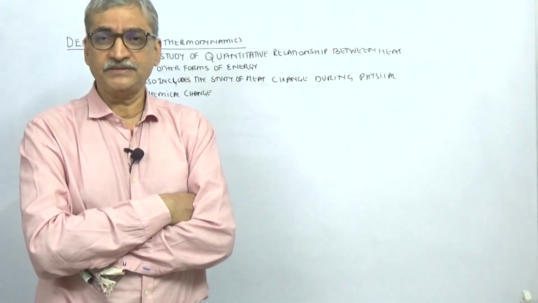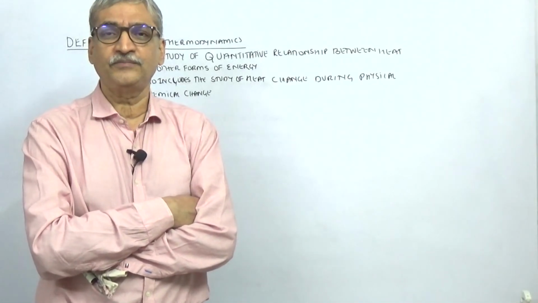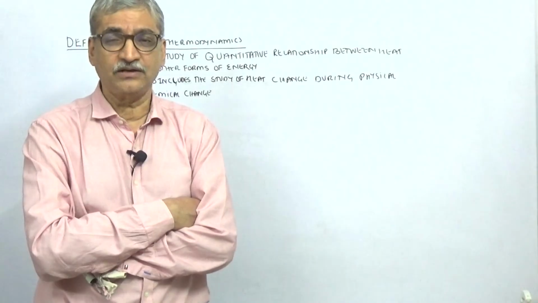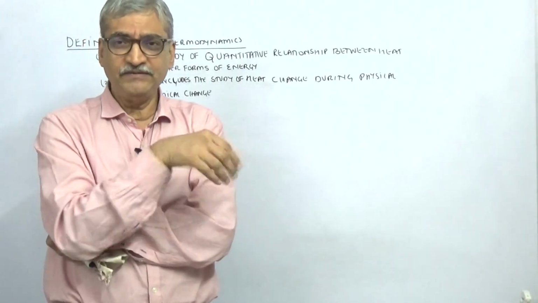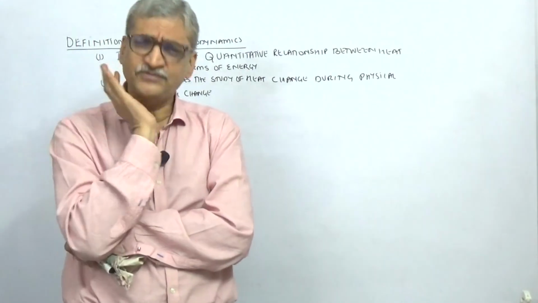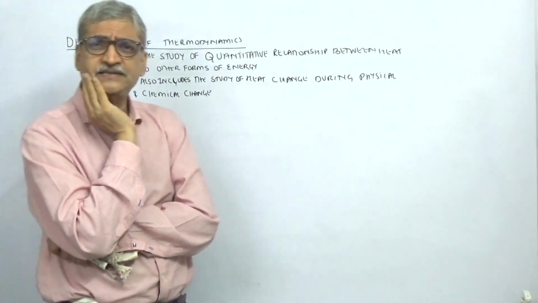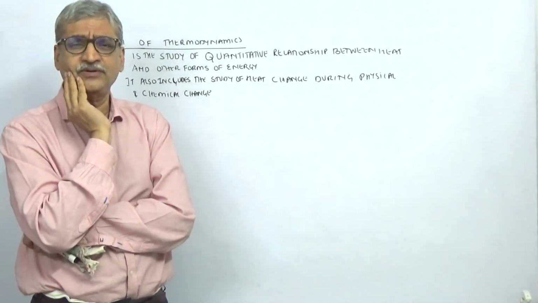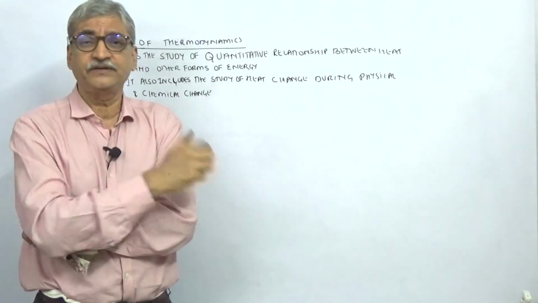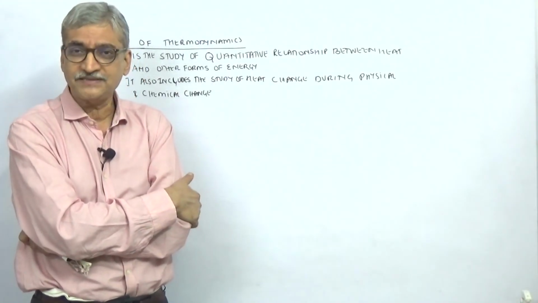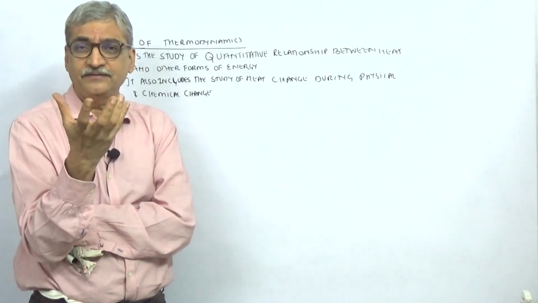And then because energy can be converted from one form to another. That's a statement we have always said, law of conservation of energy. It may not be true in one case, that we will see later on. But this is something which we have studied from our earlier days, that energy can be converted from one form to another. So that's what we are talking about. The word quantitative here is very, very important, because you have to quantify.